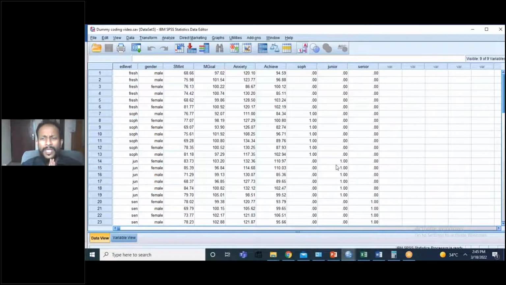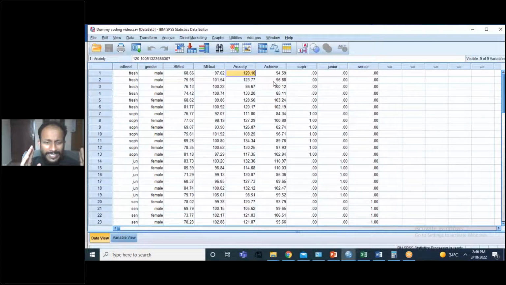Now in this data, we are considering achievement as the dependent variable, and we are going to consider gender, subject matter, goal, and anxiety as the independent variables. So this is what the data is all about.